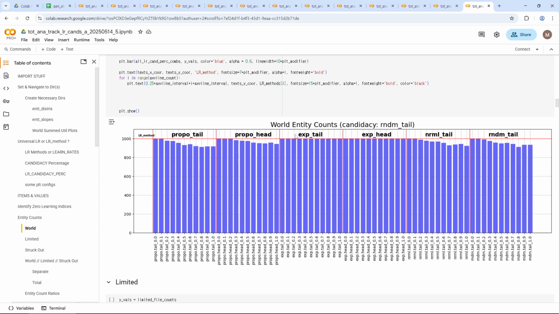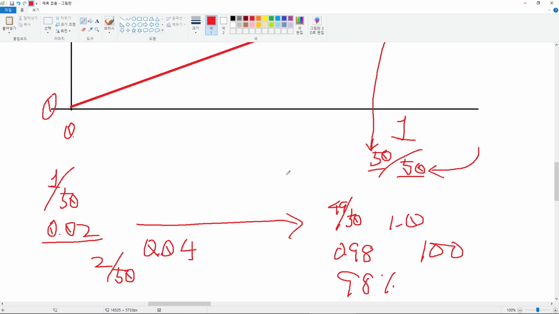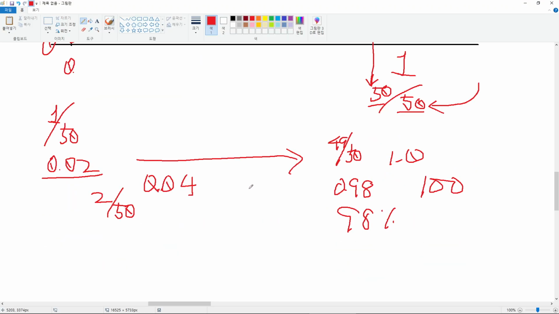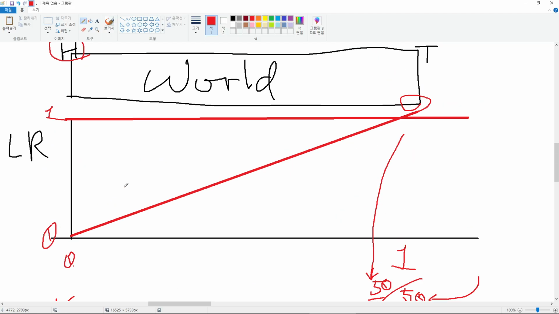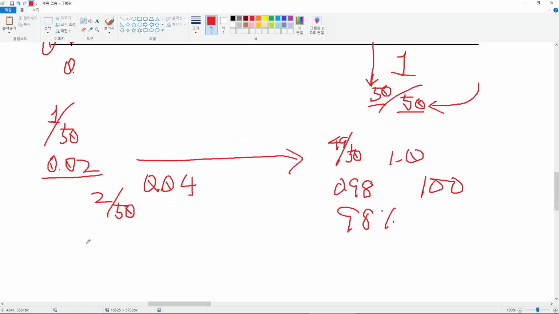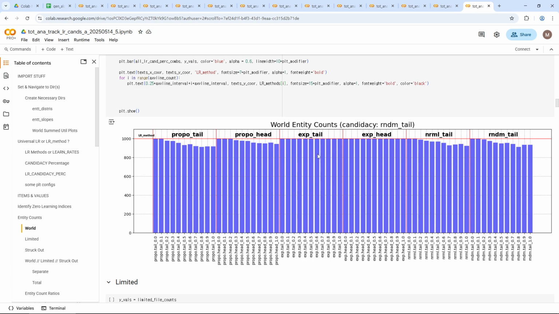So when we have proportional tail and proportional head, the impact of learning is kept relatively well, regardless of the candidate method we use.